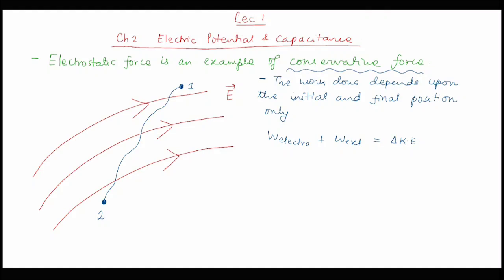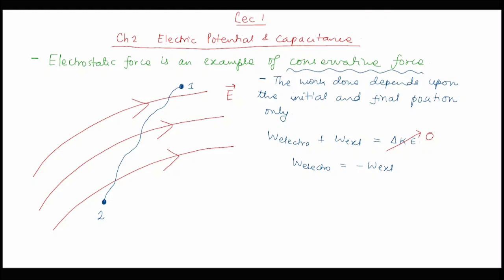Since the charged particle is taken slowly without bringing about any change in kinetic energy, we equate it to 0. Then the work done by the electrostatic force field is equal to the negative of the work done by the external force, which is moving the charge from point 1 to point 2 quasi-statically. The reverse is also true: the work done by the external agent is equal to the negative of the work done by the electrostatic force field.